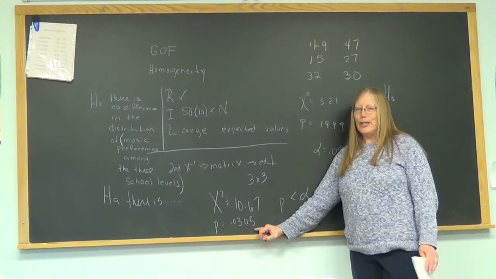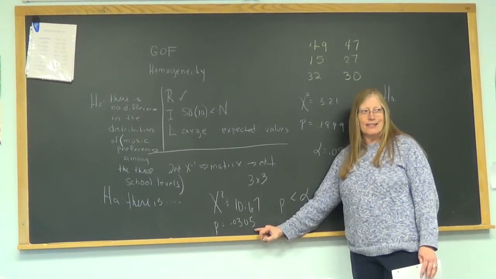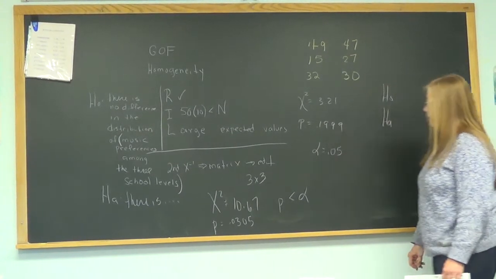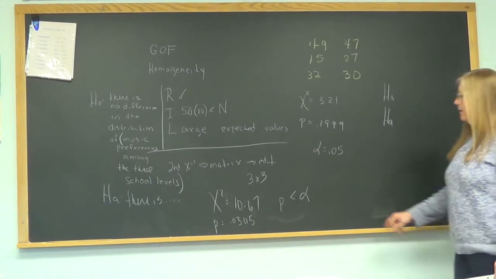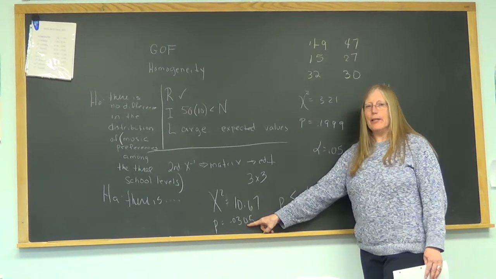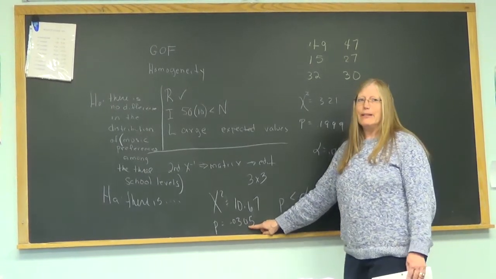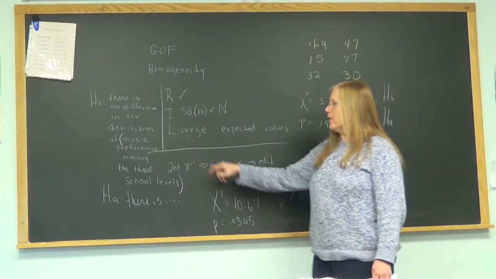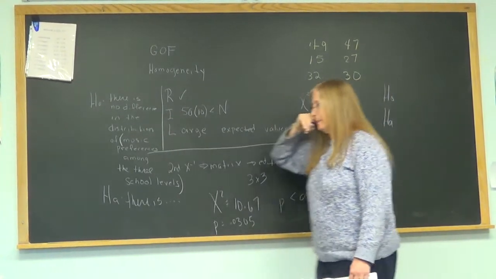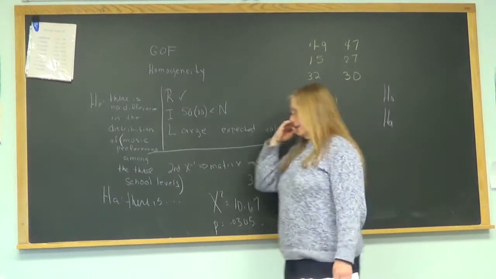Alright, because 0.03 is below 0.05, it's rare, and that probably wouldn't happen if H sub O is true, so therefore, again, Morgan, what do we do?